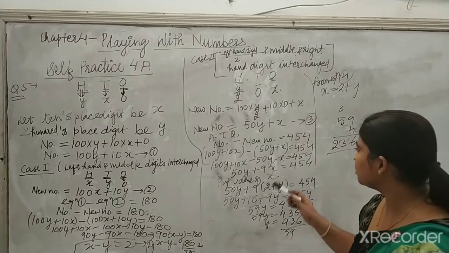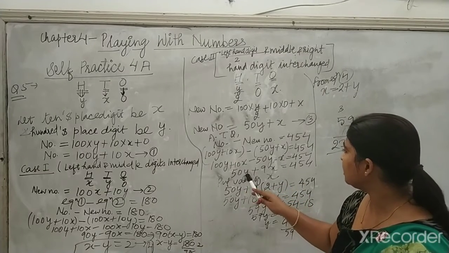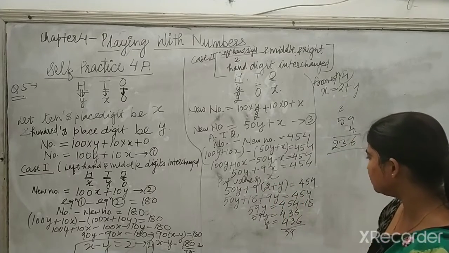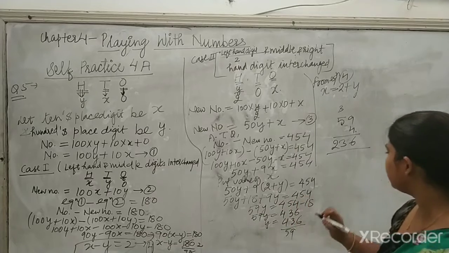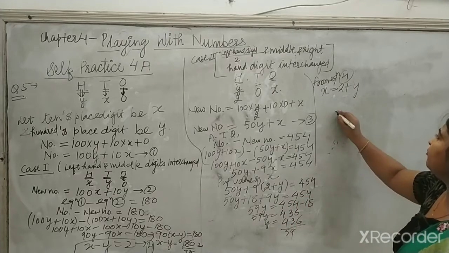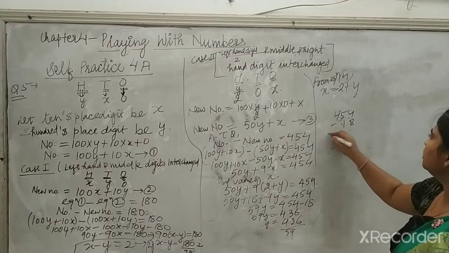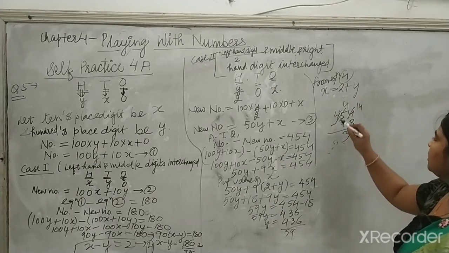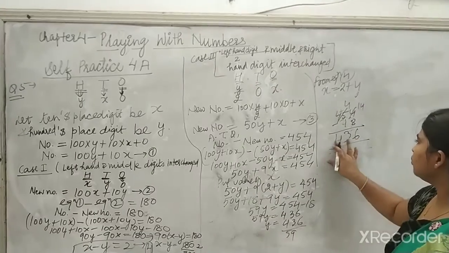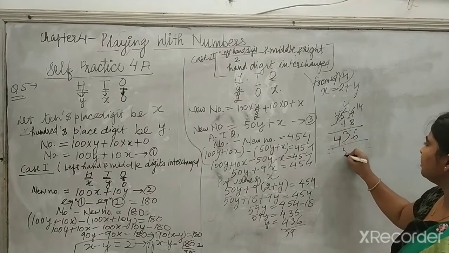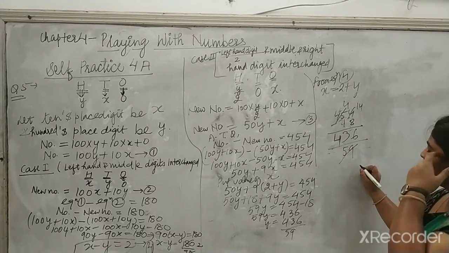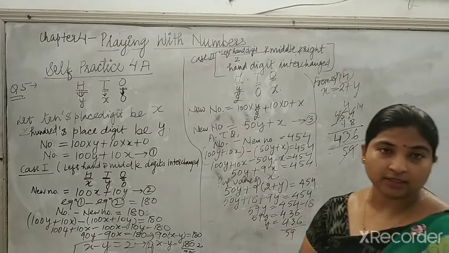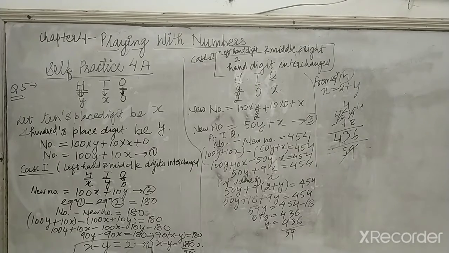You can see that in the question also we are having 50y plus 9x. 9 twos are 18, okay, it is correct. Now 9 twos are 18, we will do minus, 454 minus 18. So it should go with 59. We have to check the digits in the question.